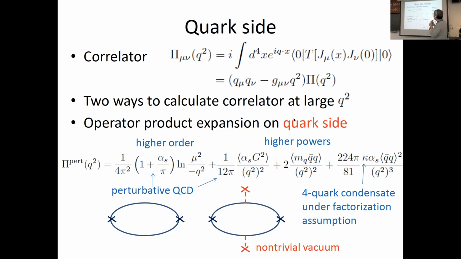Another way to calculate this current correlation is the following. You use the dispersion relation. For the vector propagator at large Q squared, you can write it in terms of this contour integral.